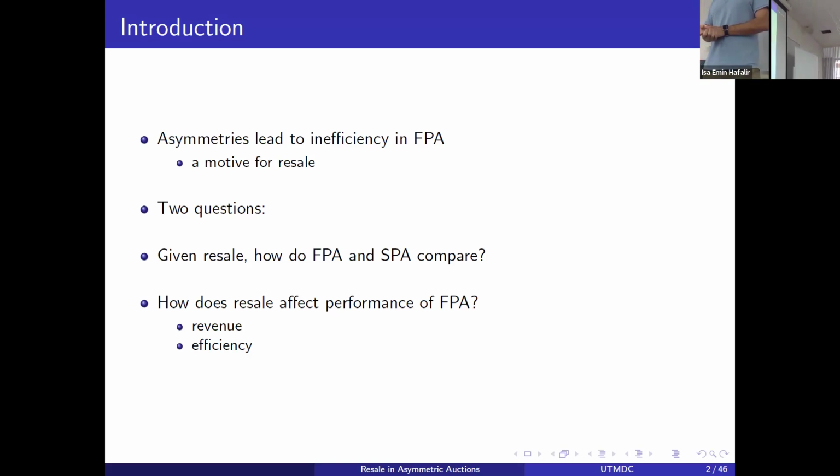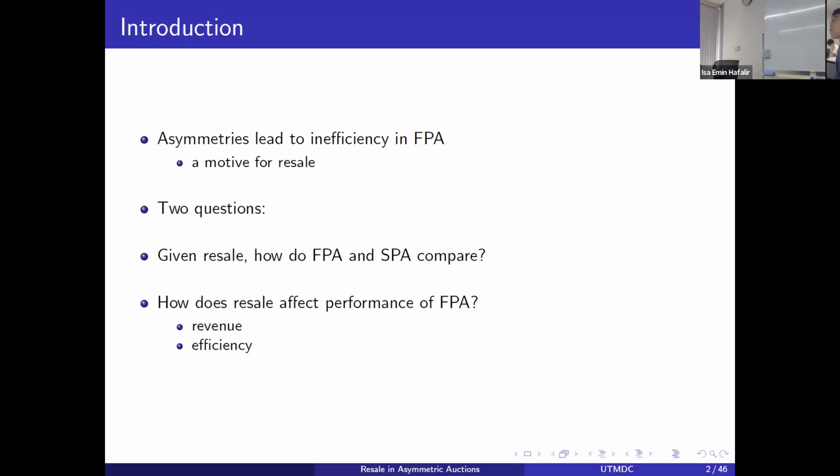There have been instances in which, for different reasons, they wanted to ban resale, and we give two examples in the introduction of the paper, especially for large spectrum license auctions. They do not want monopoly or other concerns. So they say that if you get a spectrum, then you are not allowed to sell it to any other company. They put in rules, but even these rules were circumvented in practice.